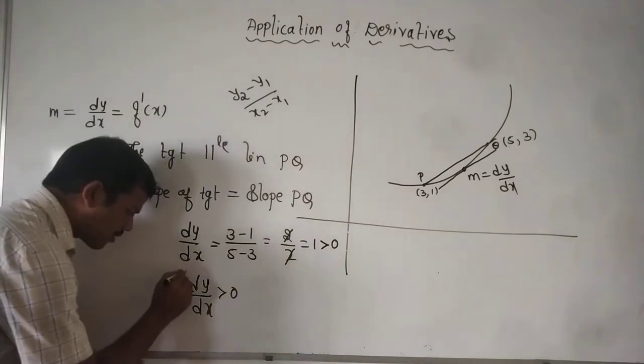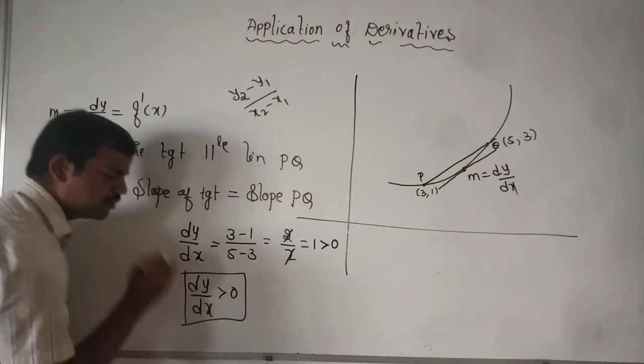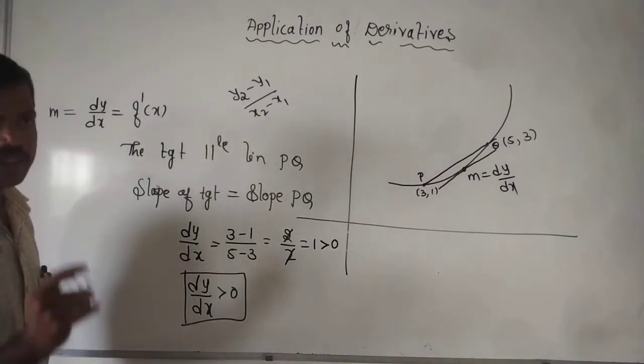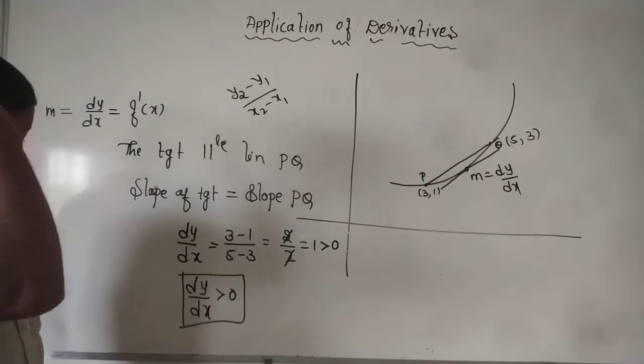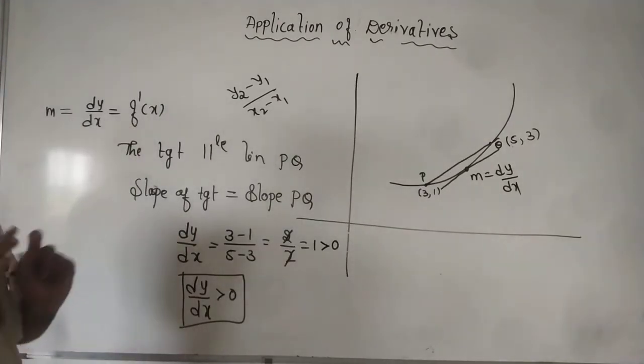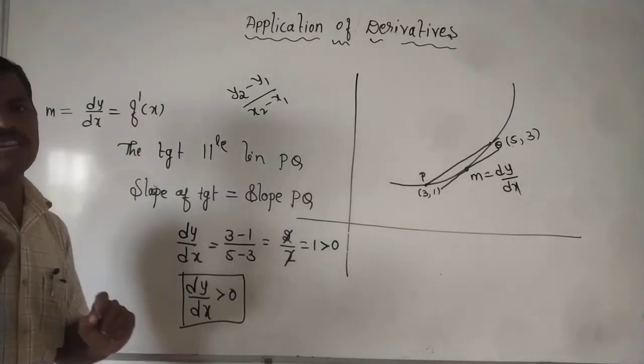So this is the concept. With the help of this concept, we can say that if the first derivative, that is f dash of x, is greater than 0, then the function is increasing.